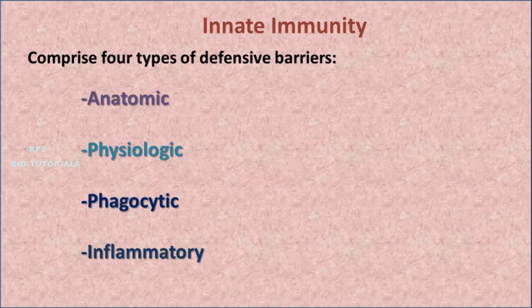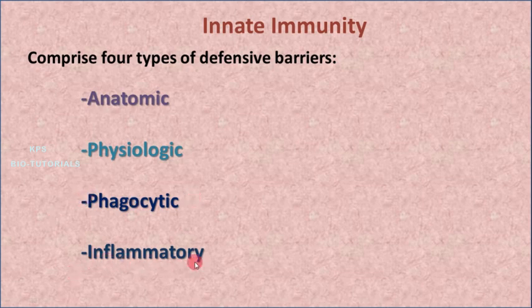Now let us discuss the four types of defensive barriers which comprise the innate immunity. They are: number 1, anatomic barriers. Number 2, physiologic barriers. Number 3, phagocytic barriers.